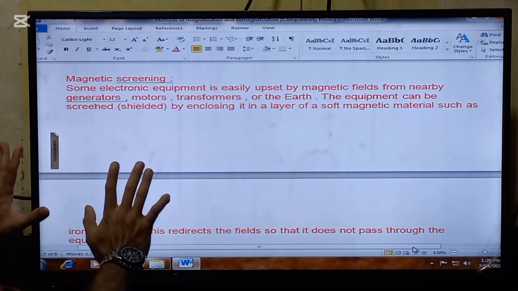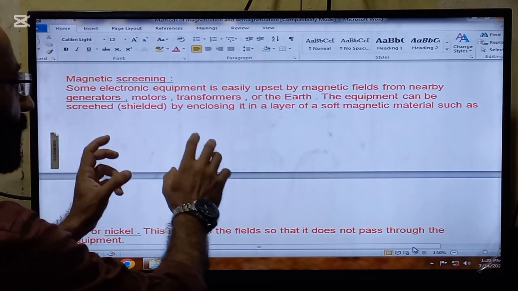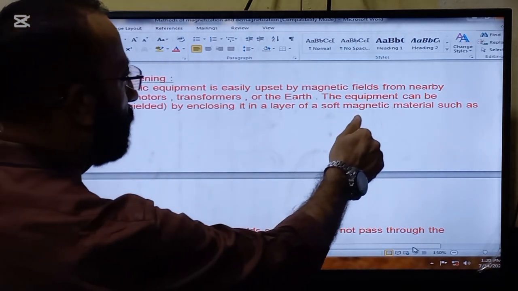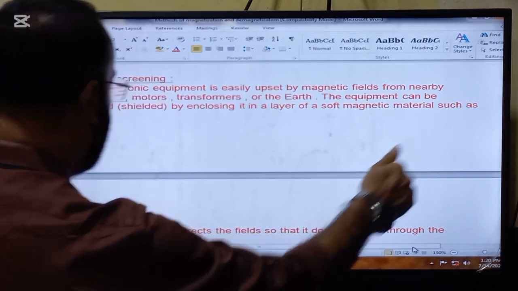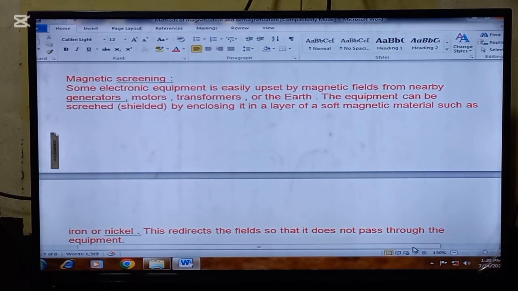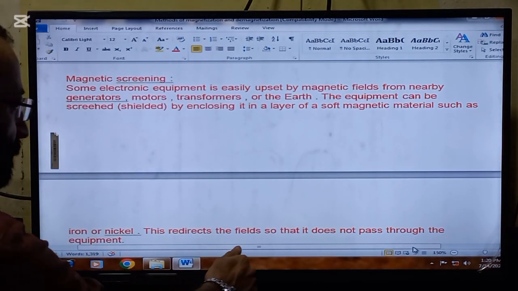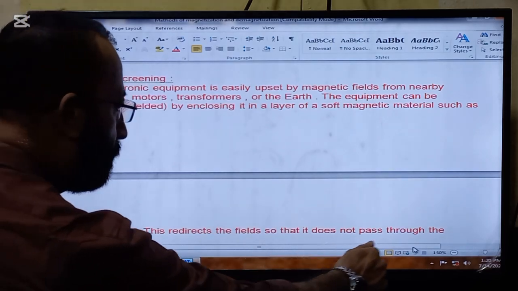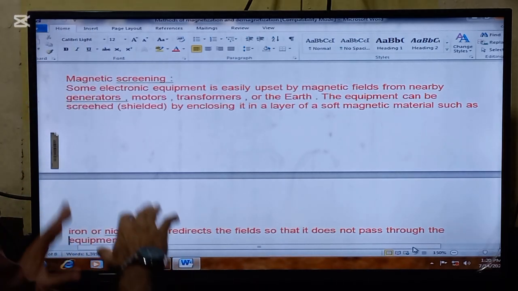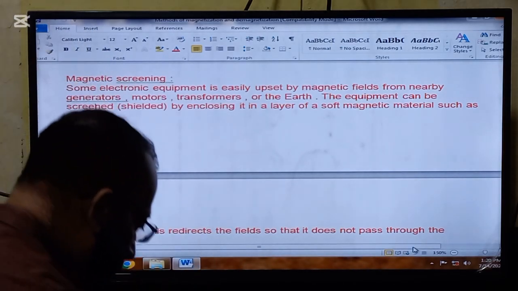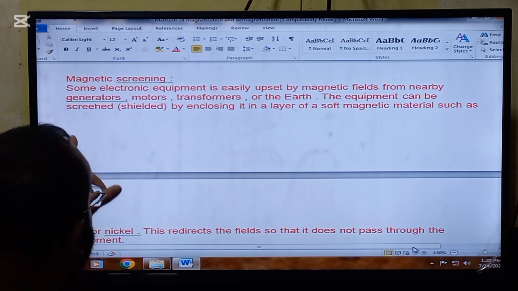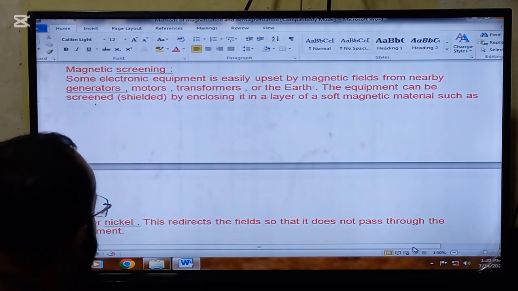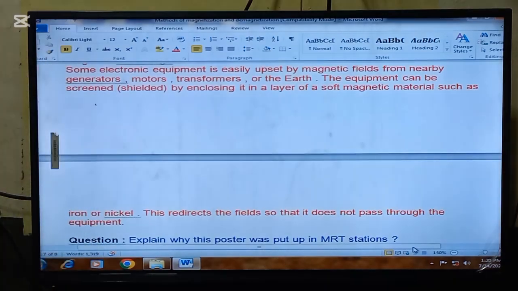This redirects the field so that it does not pass through the equipment. That's why the equipment is protected. This process is called magnetic screening or shielding.